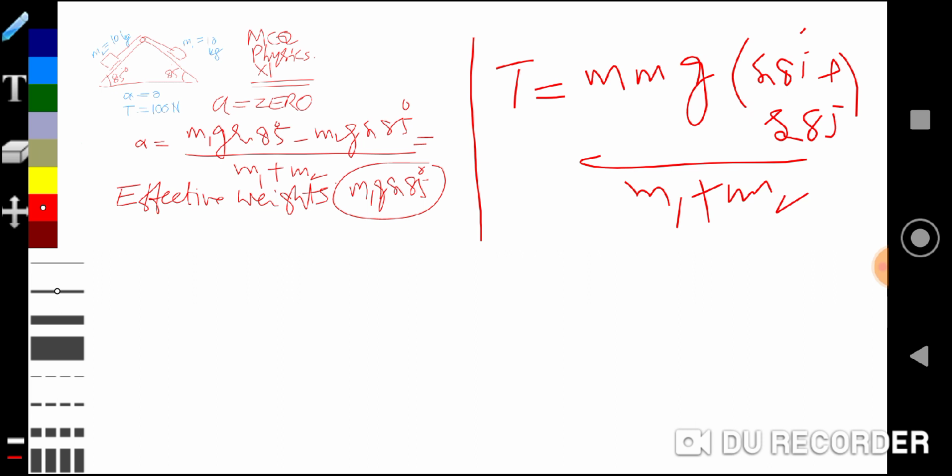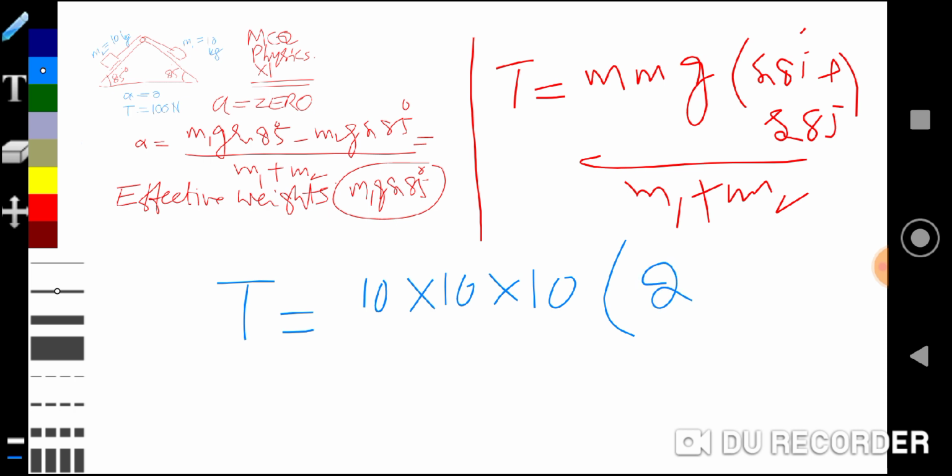This was the case for tension. Then students, very easy, very simple. Tension should be equivalent to 10 multiplied by 10, if you approximate gravity to 10, so that the calculation may be easy. And sine of 85 plus sine of 85, when both are added, your result will be 2, whole divided by the sum of masses. What is the sum of masses? The sum of masses will be 20 kilogram.